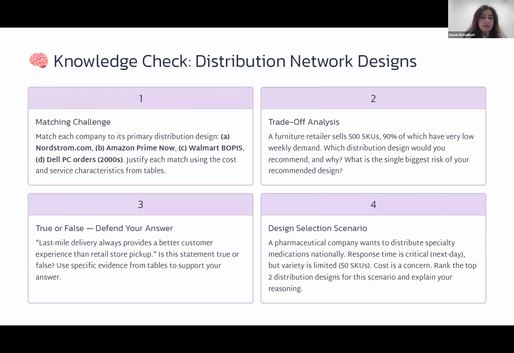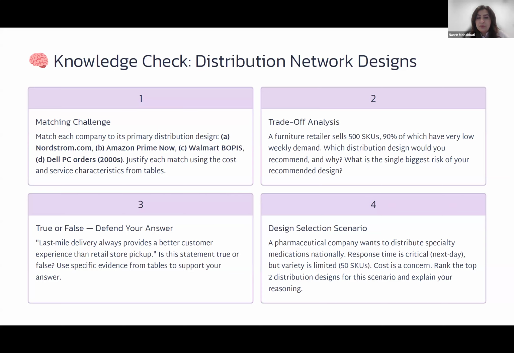And then question 3, last mile delivery always provides a better customer experience than retail store pickup. Is this true or false? So remember that what customers value might be different, so customer experience might be different, right? So consider that when answering this question.